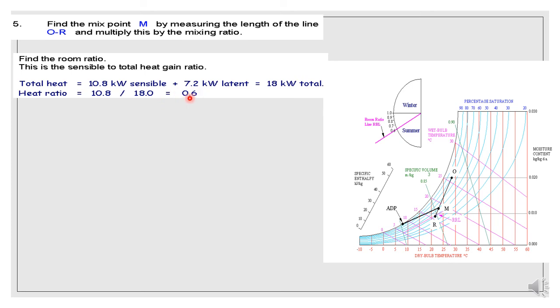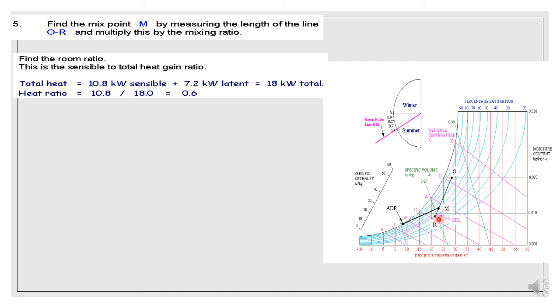So you will have 0.6 in this case. Just plot a line to 0.6 on this sensible heat factor scale. So just draw this line and transfer it, parallel, to the psychrometric chart via the room condition. So just draw the line via the room condition.